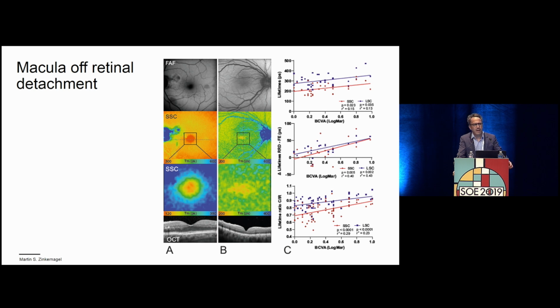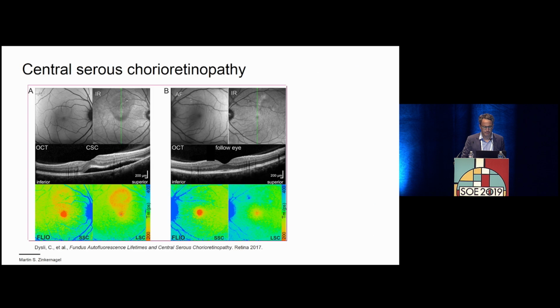So the shorter the lifetime after retinal detachment repair, about a month after surgery, the shorter you have these lifetimes in the center, the better will be the visual outcome after 6 months. So it's a predictive marker we can use to inform the patient about prognosis.